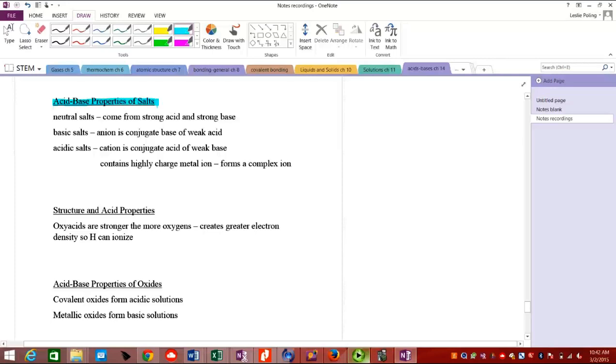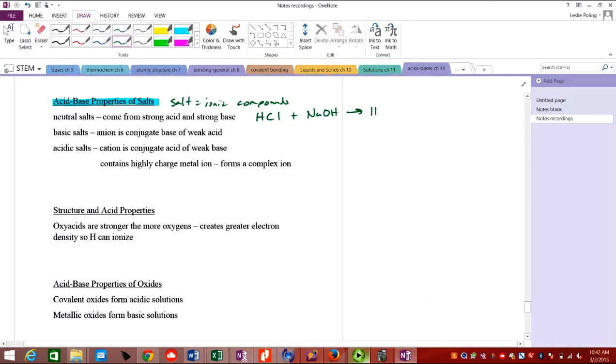Acid properties of salts. Now remember, salts are just ionic compounds. Now a neutral salt, like NaCl, comes from HCl, a strong acid, and NaOH, a strong base.